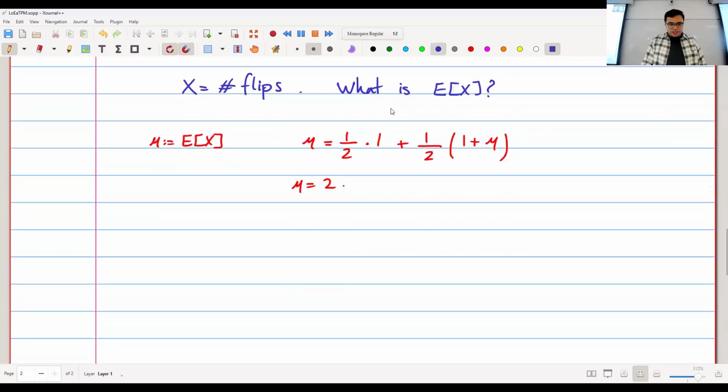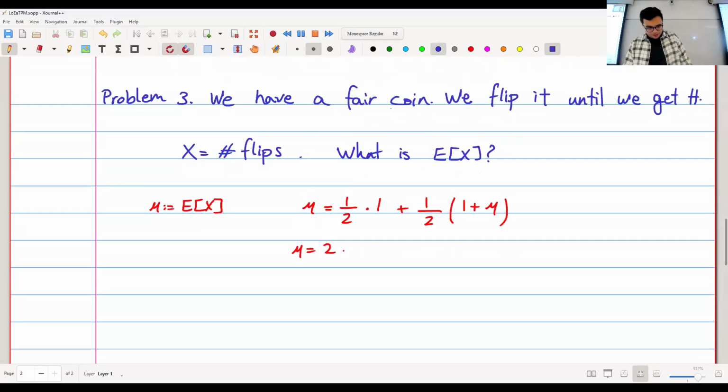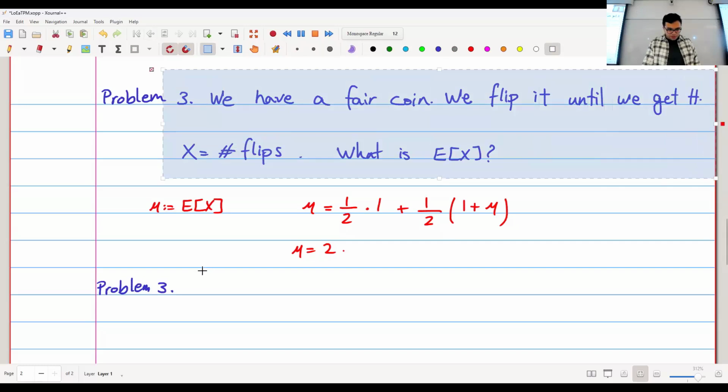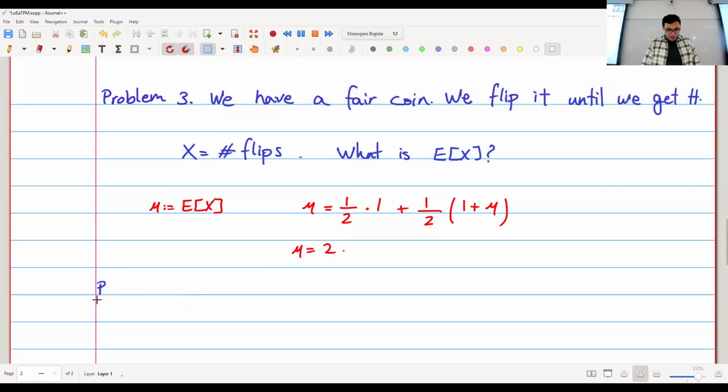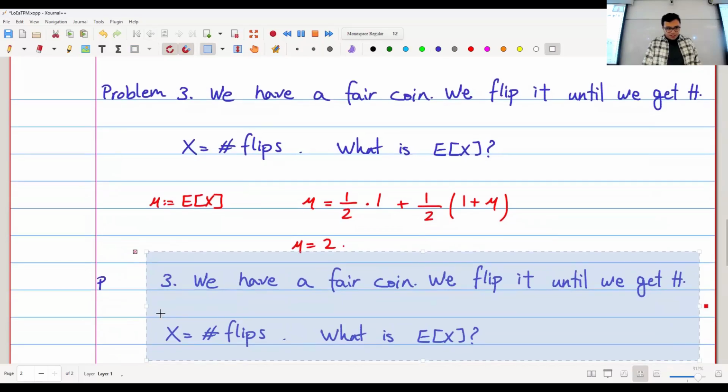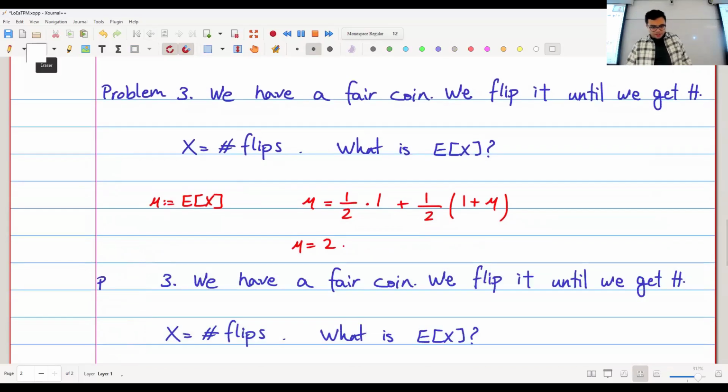Now, of course, the next thing I want to say is suppose my coin is biased. So problem 3 is going to be, suppose I don't have a fair coin. I now have a biased coin, and I can't count because this is problem 4. So this is problem 4.